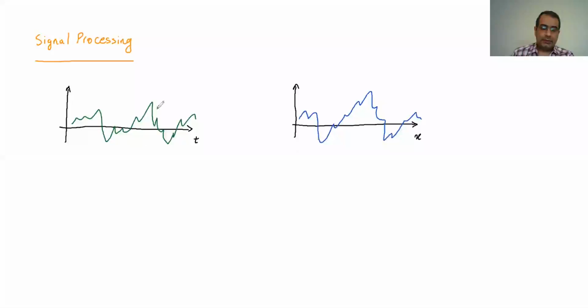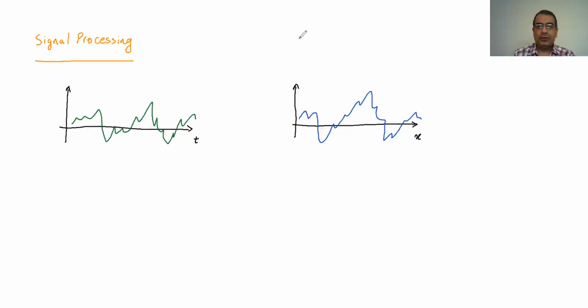If you only stick to this one, the signal we have here is in the time domain. And this one is in a space domain, and we may have it in time and space domain. But if we just stick to the signal in time domain, and we want to analyze the signal, we may want to analyze it in time domain. Sometimes it's easier to bring that into the frequency domain and then analyze that signal.